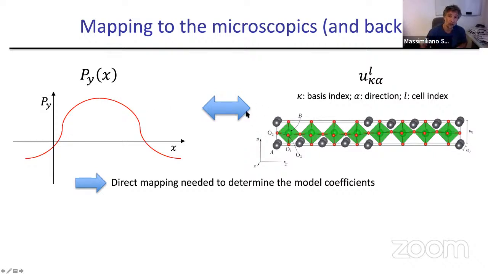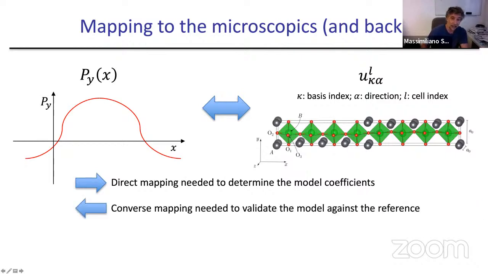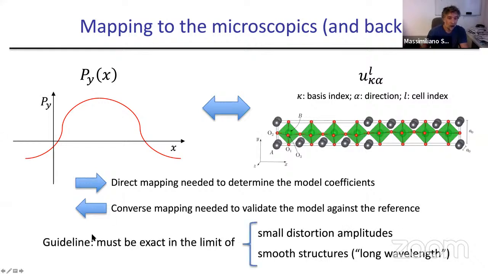So our goal is to establish a two-way mapping, because the direct mapping is needed to determine the model coefficients, and the converse mapping back from the atomistics to the continuum is needed to validate the model against the reference first principles engine. The goal we set for ourselves is an exact theory in the limit of small distortion amplitudes and smooth structures.